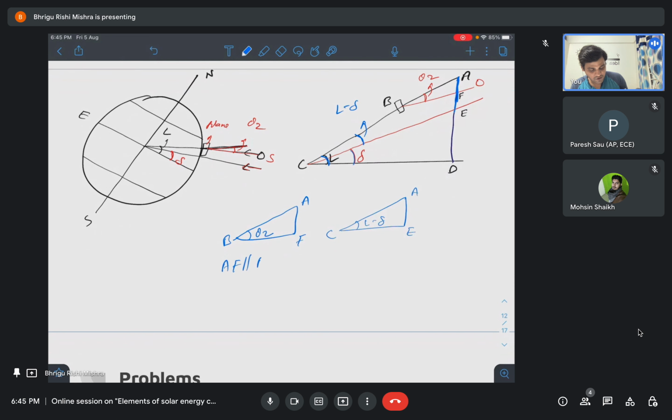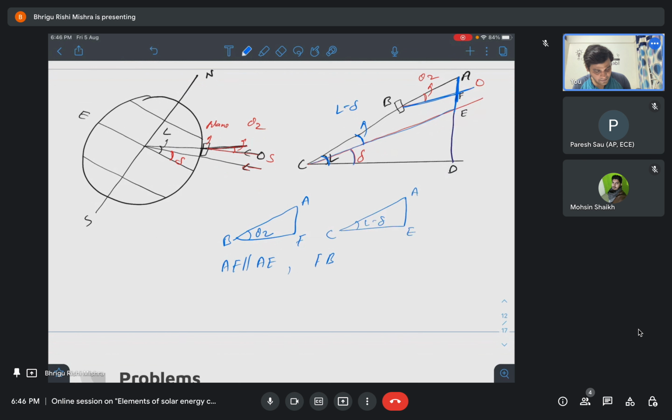AF parallel to A means A is the extended line of AF, so these two are parallel to each other. Also the sun rays OB, FB and EC are parallel to each other.